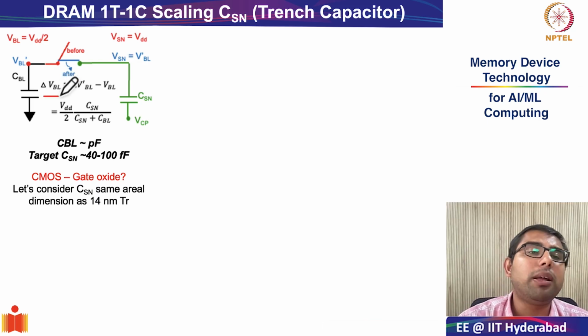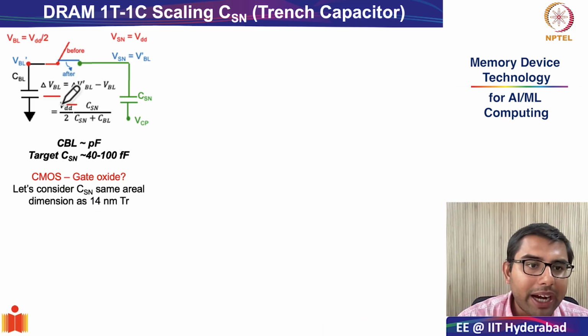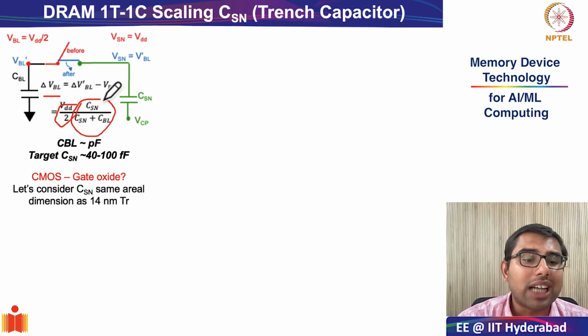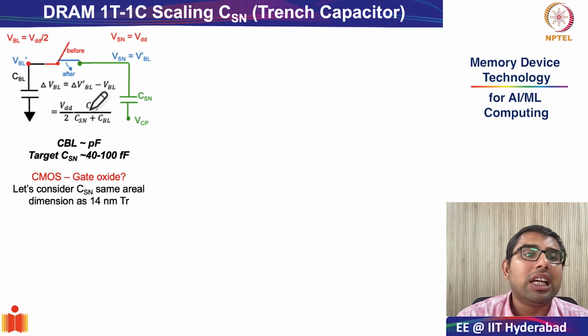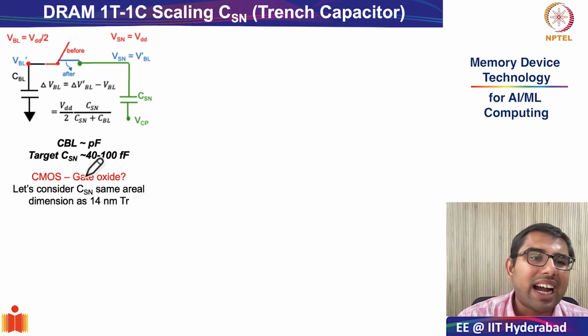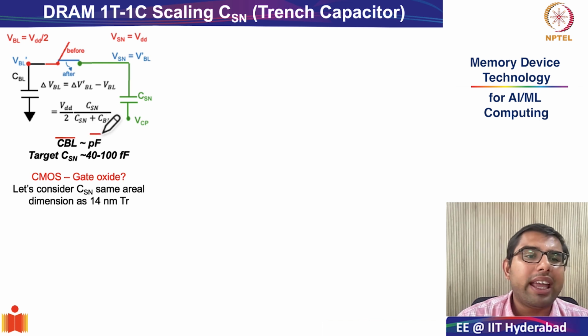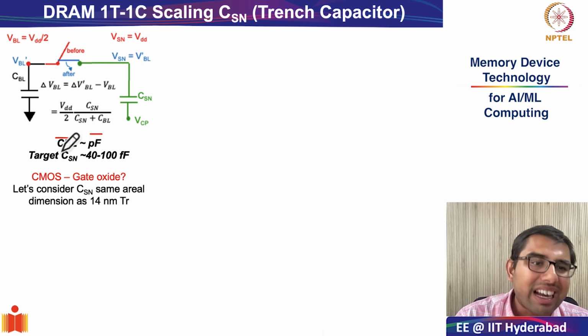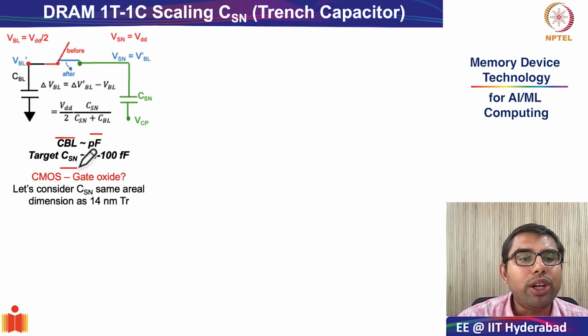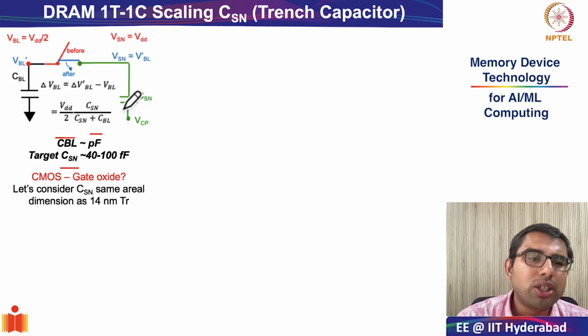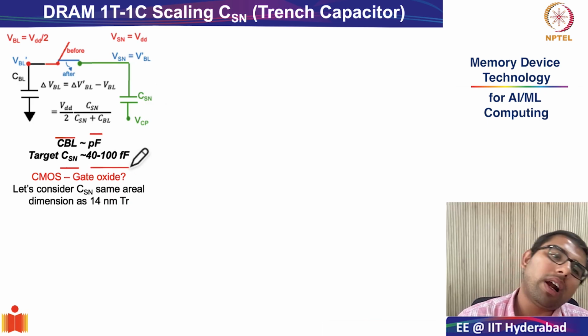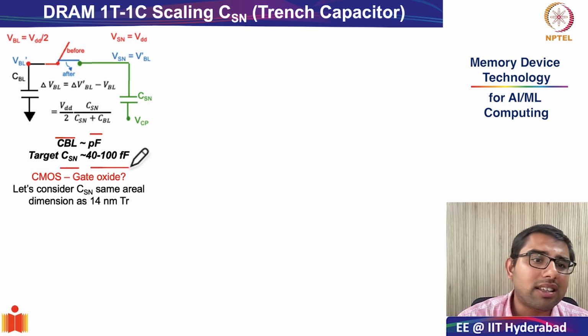Remember, the change in the bit line value was VDD by 2 multiplied by the charge sharing ratio. The charge sharing ratio mandated that if the bit line capacitance is in the order of femtofarads, the value of CSN, the storage node capacitance, should be in the order of 40 to 100 femtofarads. Why is that the case?